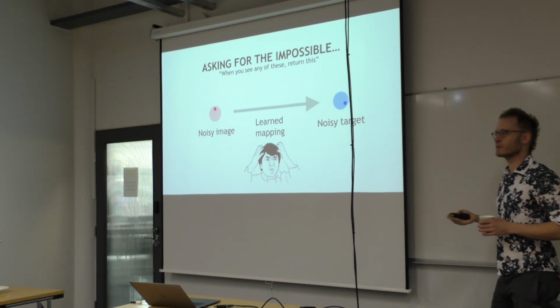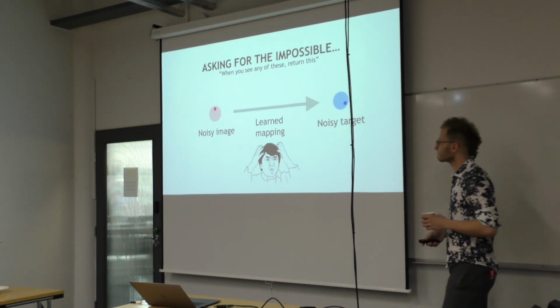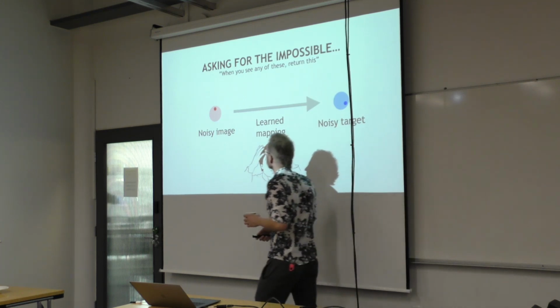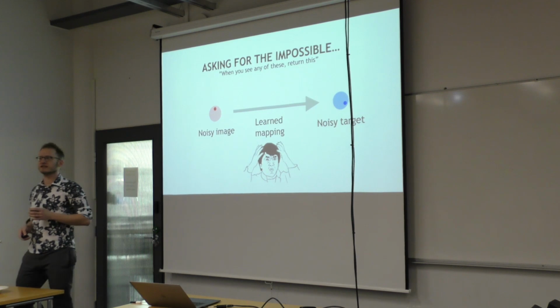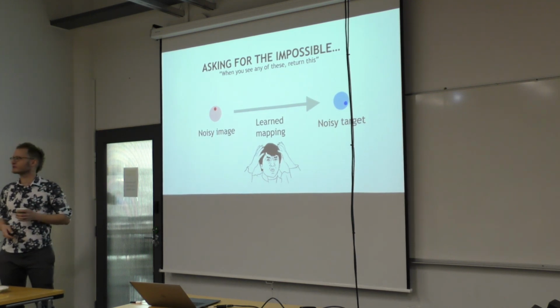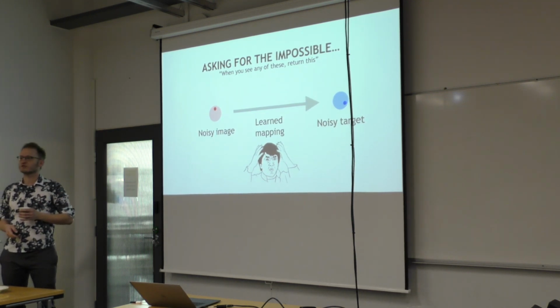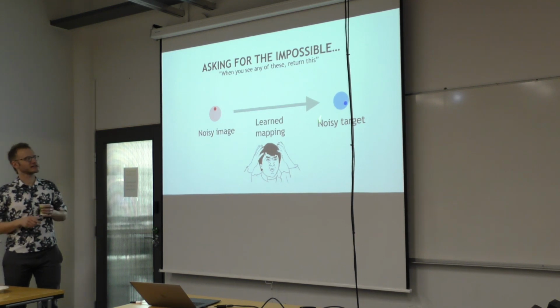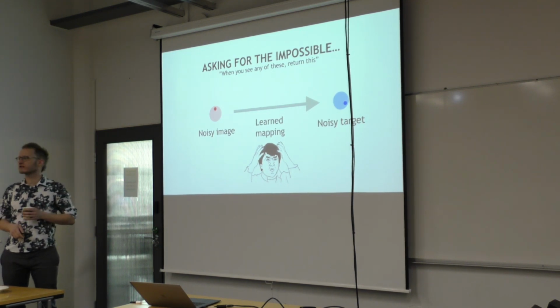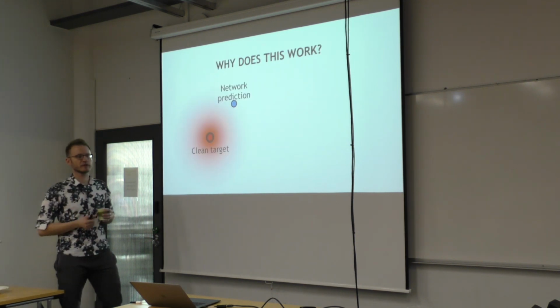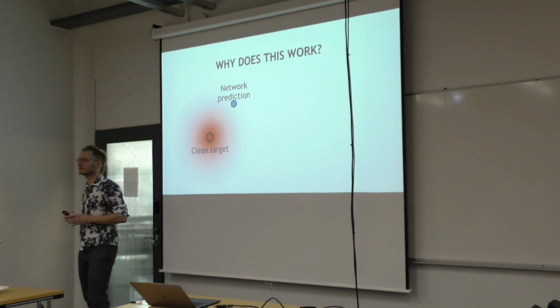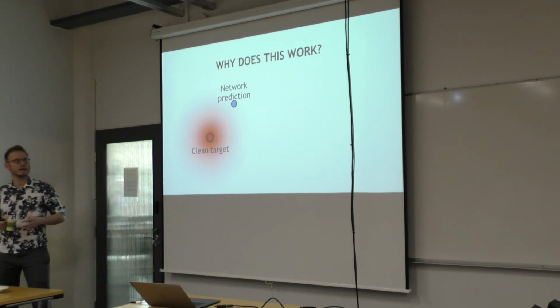But if your model is suitably sized, then even though it does seem nonsensical, it does actually work, and it works exactly as well in many situations as if you had clean targets for this training. And let me first, before showing results, try and get some intuition why.